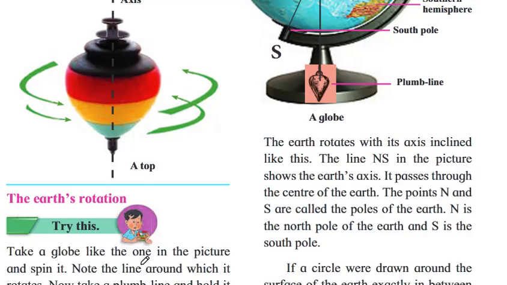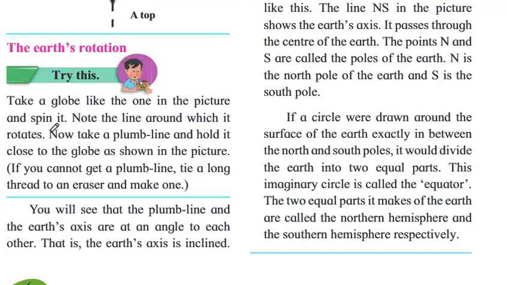Note the line around which it rotates. Now take a plumb line and hold it close to the globe as shown in the picture. If you cannot get a plumb line, tie an eraser to a long thread and make one.